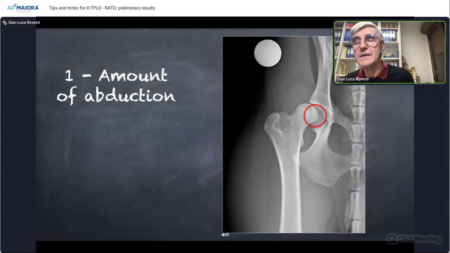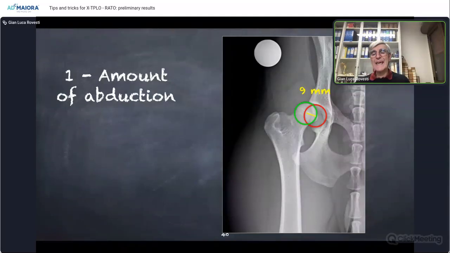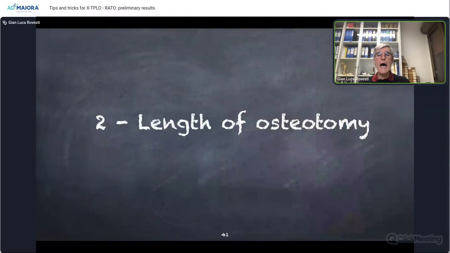We can use this technique: measuring the circle within the acetabulum, the circle of the femoral head, and measuring the distance between the two centers. The amount of abduction should be at least this distance, okay? If this is 9 millimeters, how big should we make the osteotomy? There is a relationship between the abduction and the length of the osteotomy.